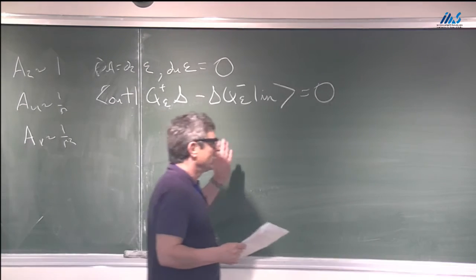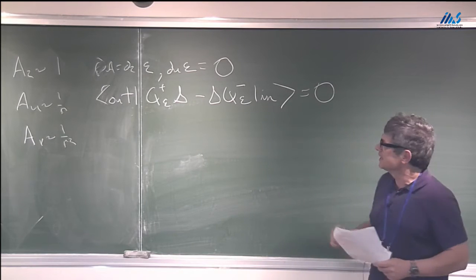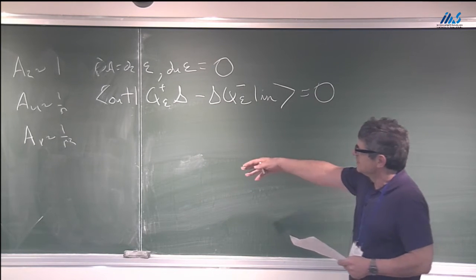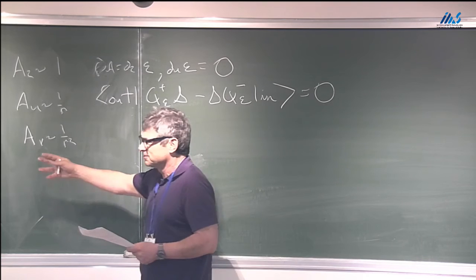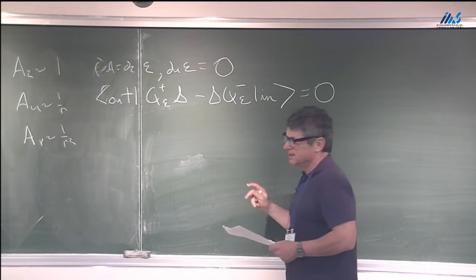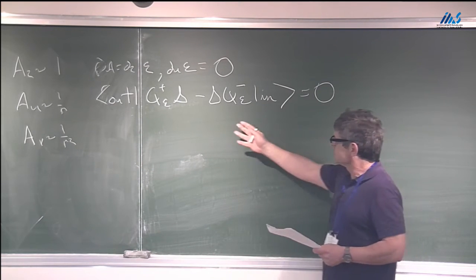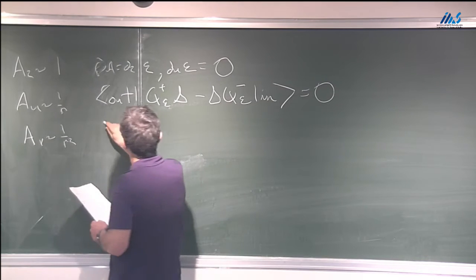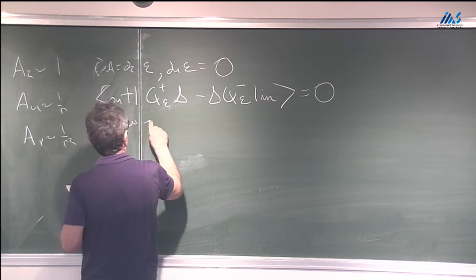This turns out, after you do a lot of rewriting from this scri plus basis to plane wave basis, after 3 or 4 pages, to be completely equivalent to the Weinberg soft photon theorem.